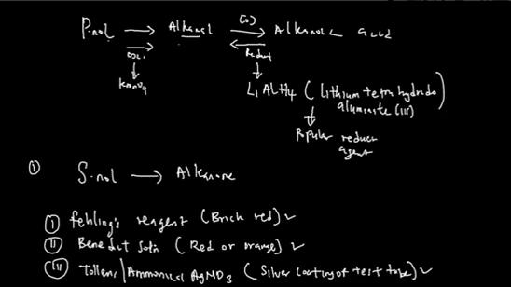Okay, before I go to the next reaction, I just want to highlight one more point about alkanals and alkanones. The reagent that is used to show if a substance is an alkanal or alkanone is called Brady's reagent. Brady's reagent is used to identify alkanals and alkanones, not differentiate. If it is differentiating, use Tollens' reagent.